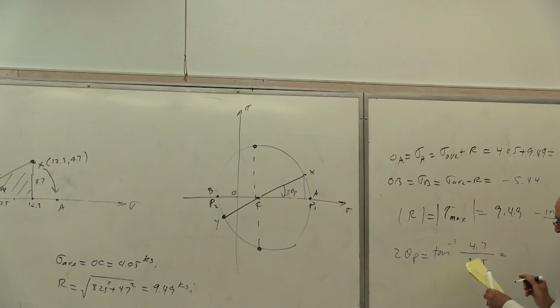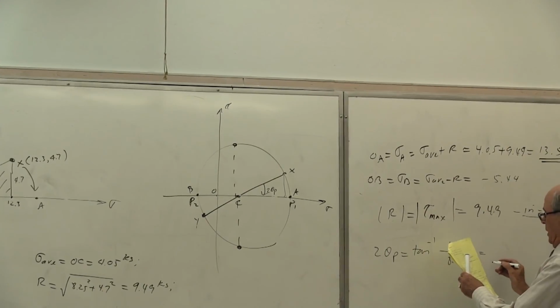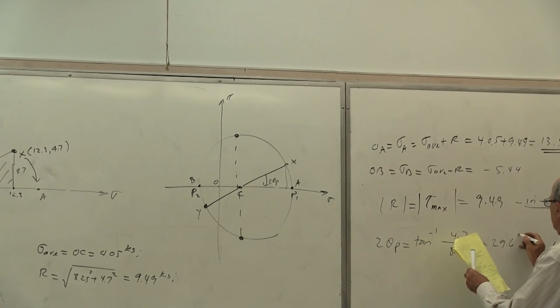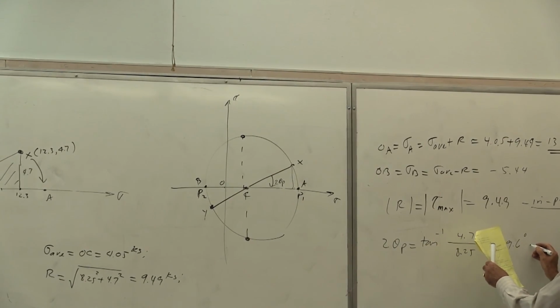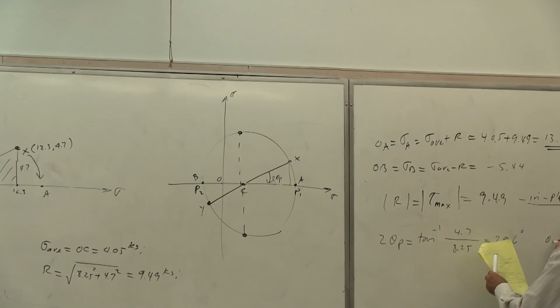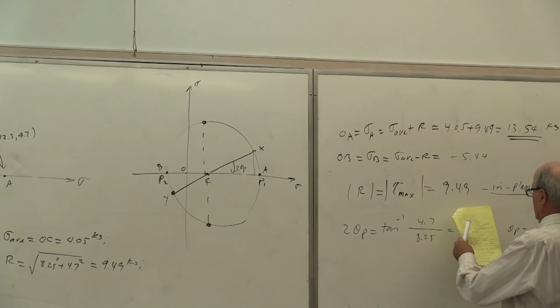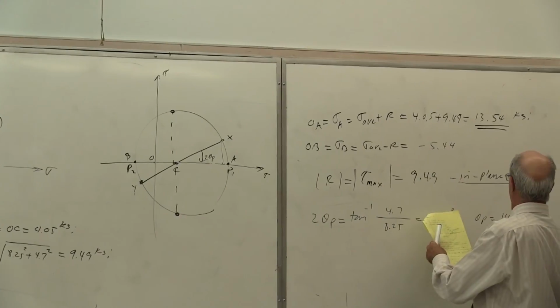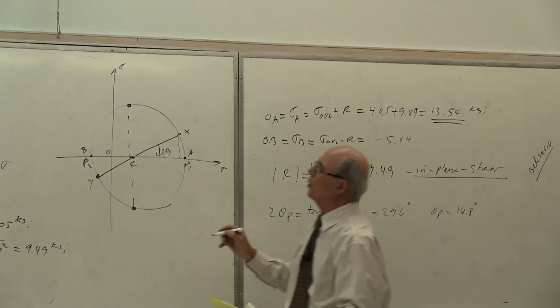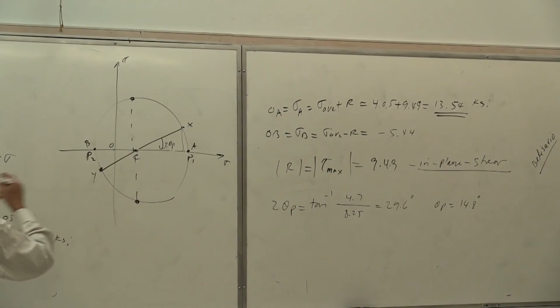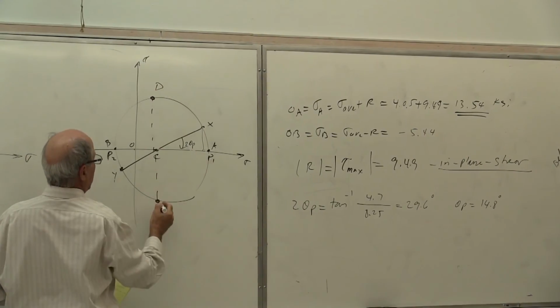So you get that equal to 29.6 degrees, and then theta p becomes equal to half of that, 14.8 degrees.